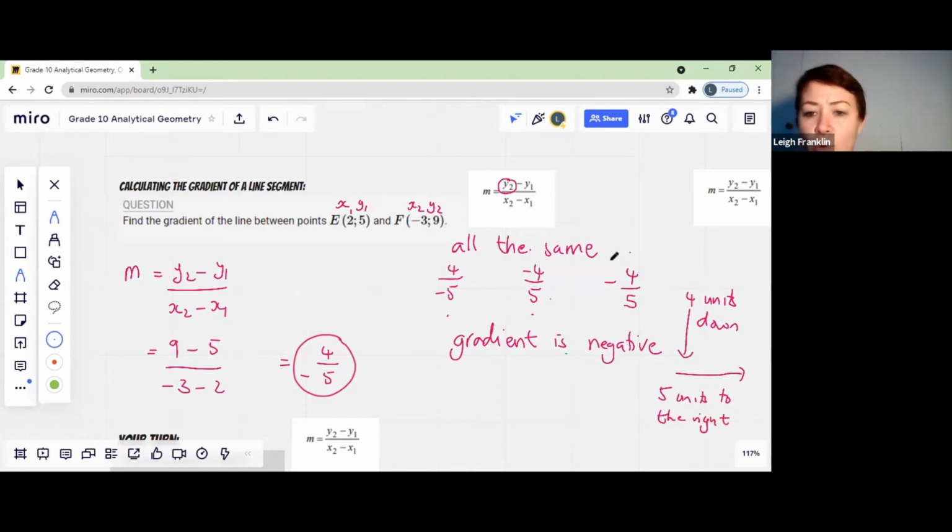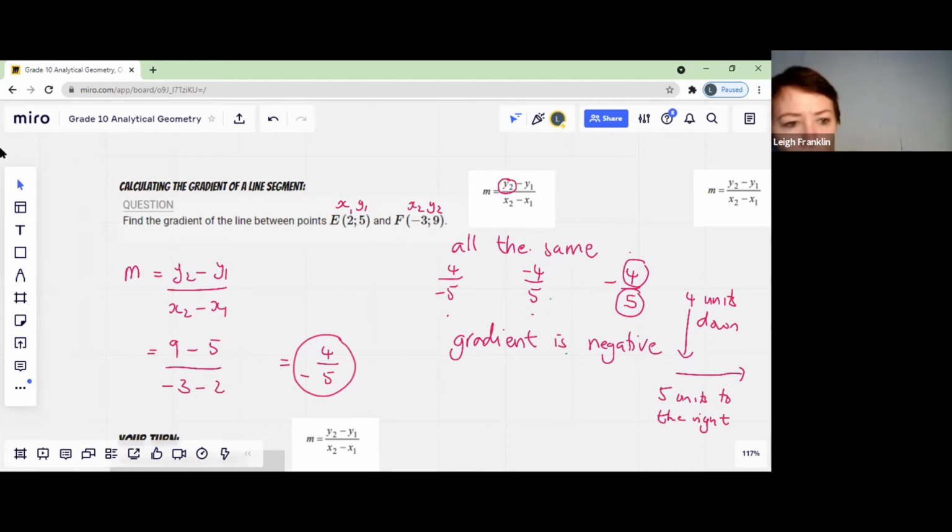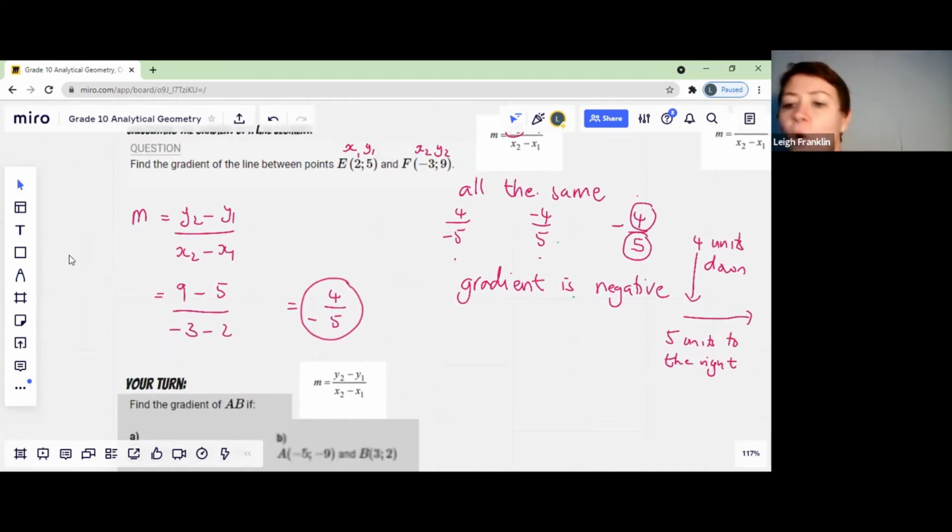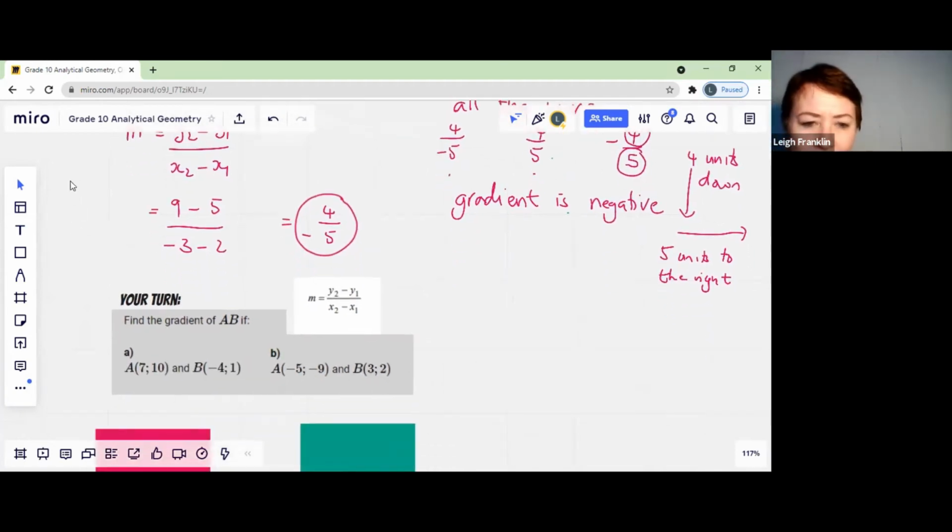Remember the number at the top is the change in the y, the change in the vertical. The number at the bottom is the change in the horizontal. So because this gradient is negative, it means we're walking down and right, down and right. Down 4, right 5, down 4, right 5. Does that make sense?